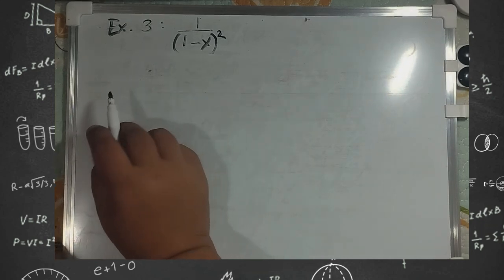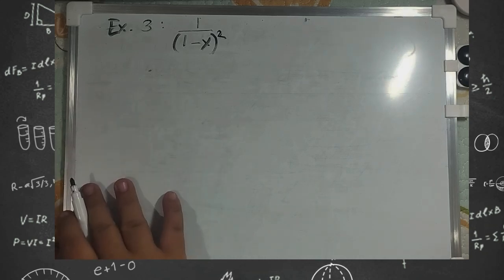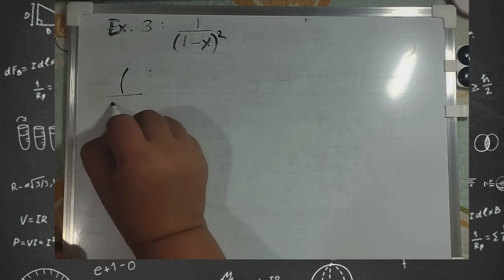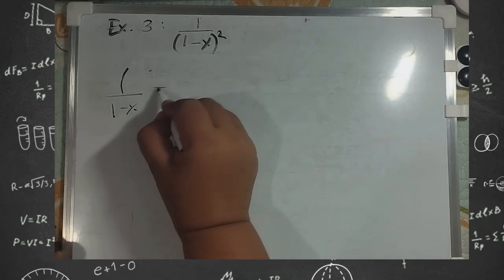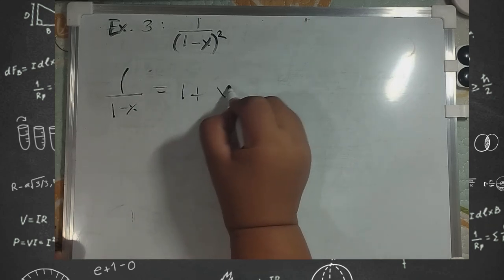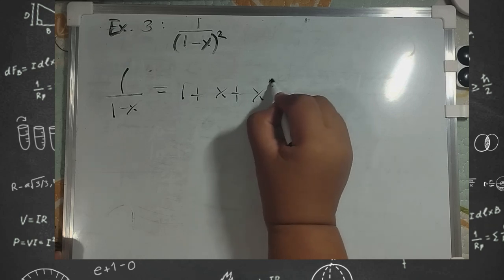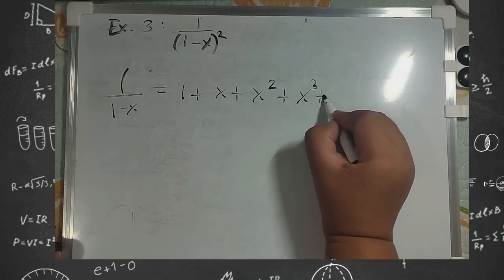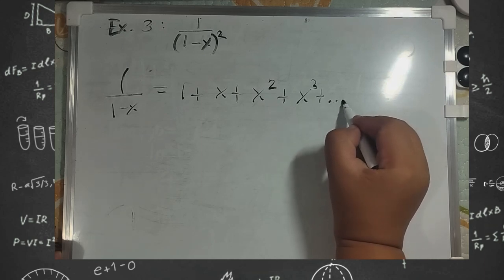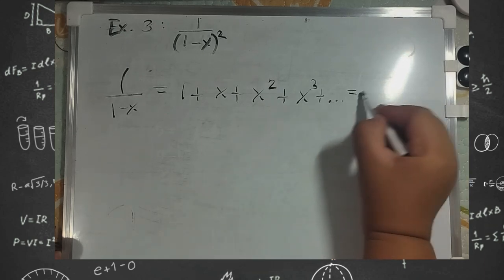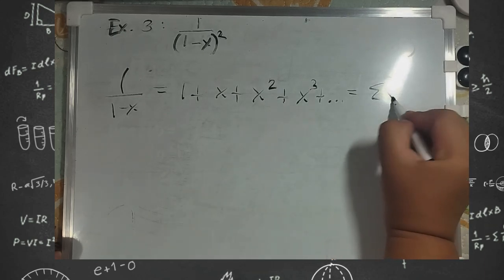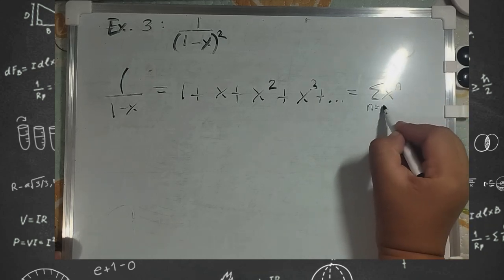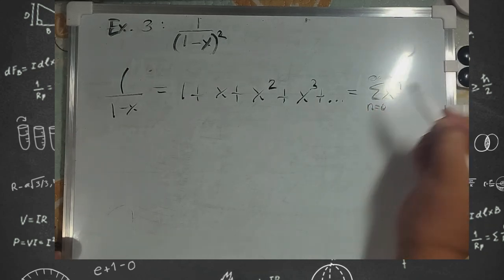First, we differentiate each side of the equation, where 1 all over 1 minus x is equal to 1 plus x plus x squared plus x cubed plus to infinity, which is equal to the summation of x raised to n, where n approaches from 0 to infinity.